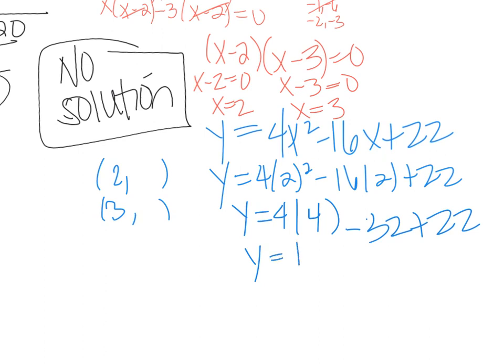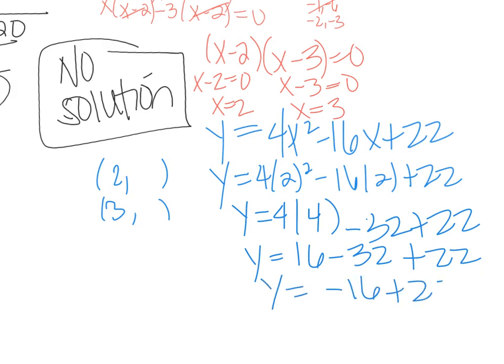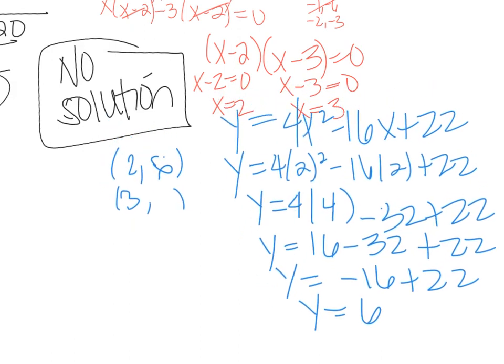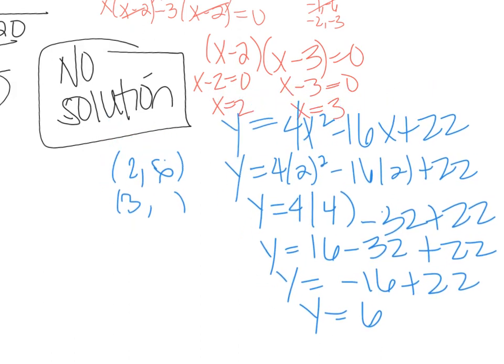So I have 16 minus 32 plus 22, which is negative 16 plus 22, so y is 6. I plugged in a 2, I replaced all my x's with 2, my y is 6 at that point, okay? So that's one of the intersections. Now I need to find the other.